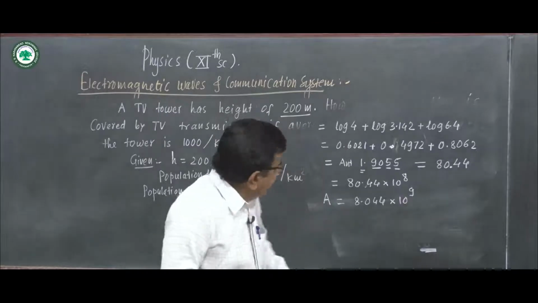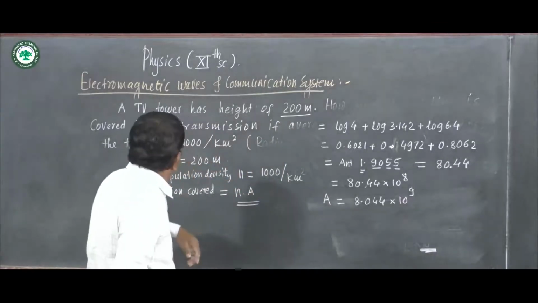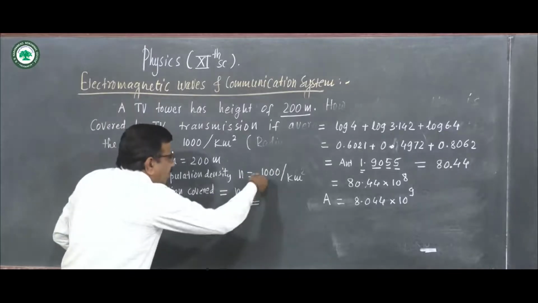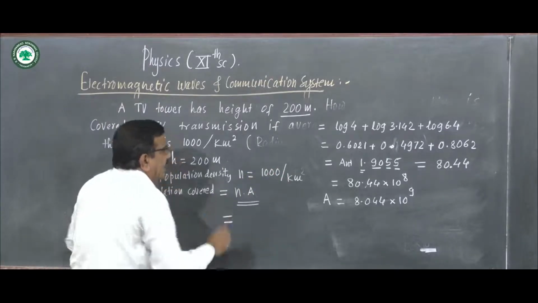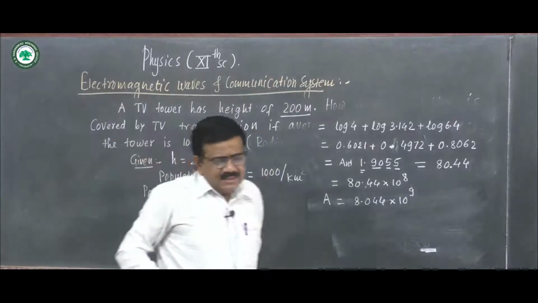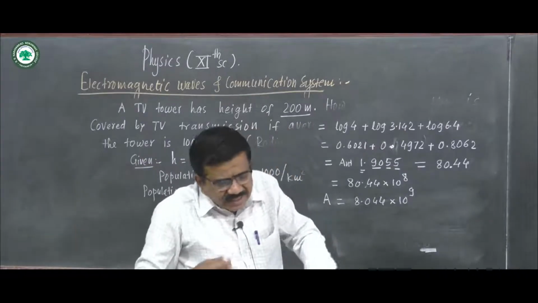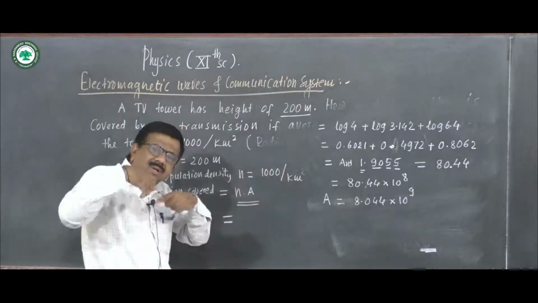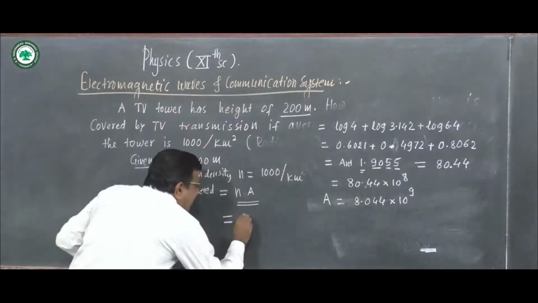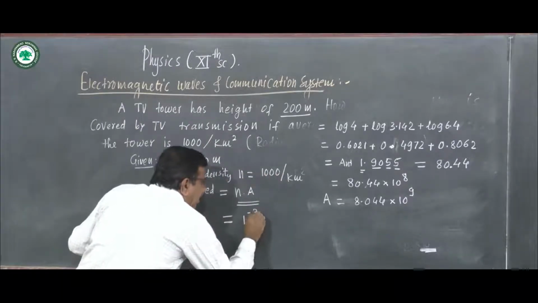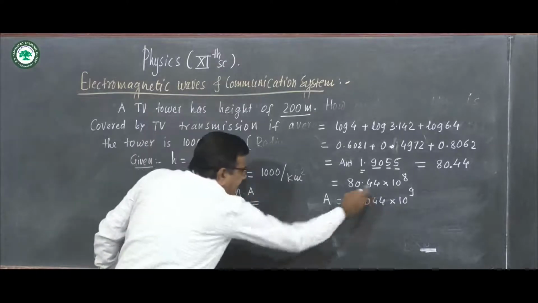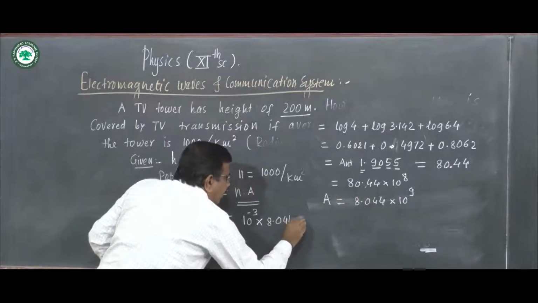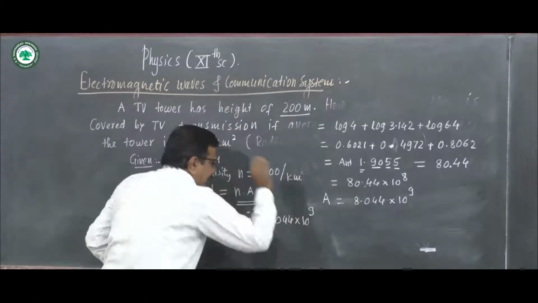Now population covered is population density into area. Population density that is N is 10 raised to minus 3 per meter square. We have converted this into meter square. Multiplied by this area is 8.044 multiplied by 10 raised to 9.